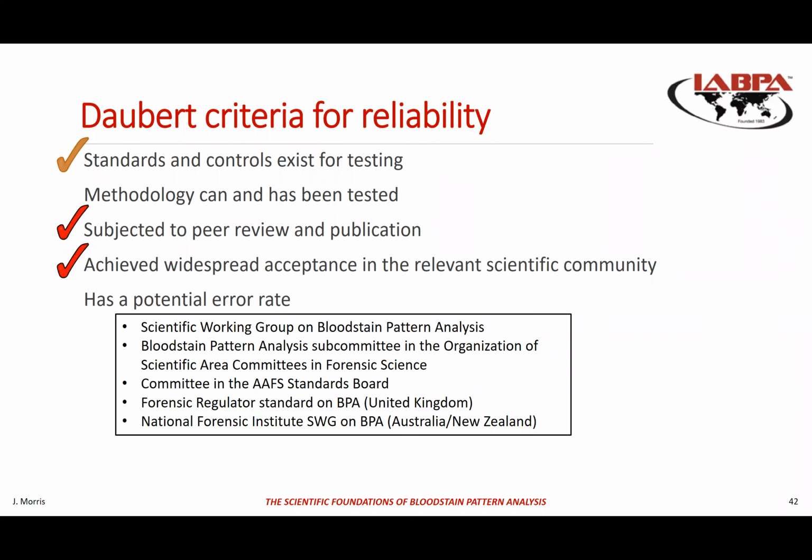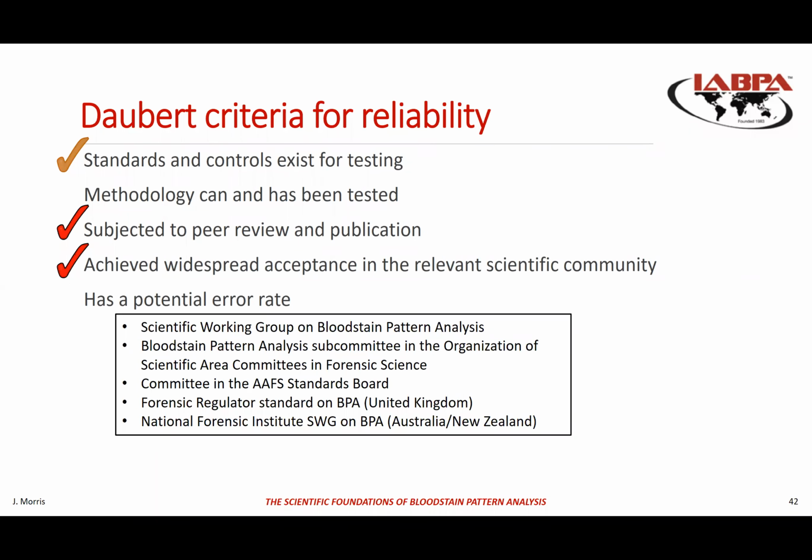Regarding standards and controls, yes, they do exist. They've existed for over a decade now. In the United States, the FBI established a SWGSTAIN, Scientific Working Group for Bloodstain Pattern Analysis, that began this process of creating guidelines and best practices and standards. That role has been replaced with the Organization of Scientific Area Committees that has a subcommittee for BPA that drafts standards and guidelines.